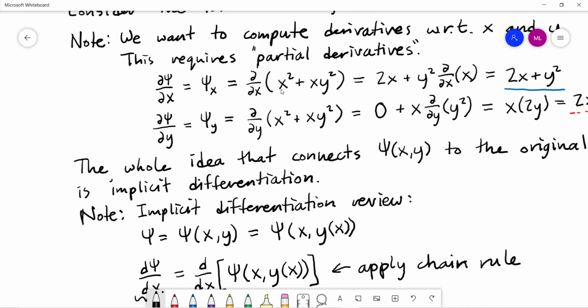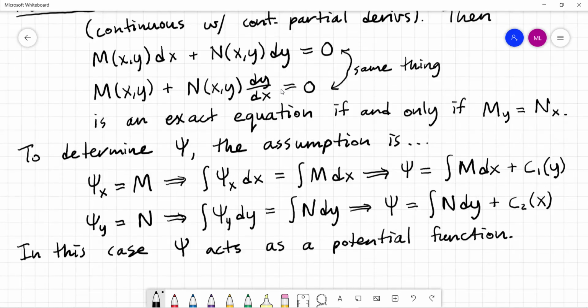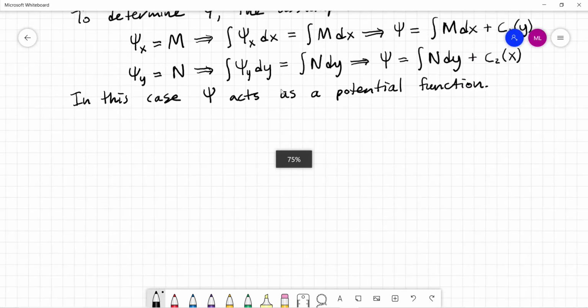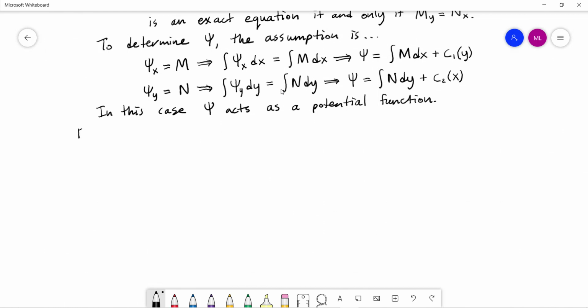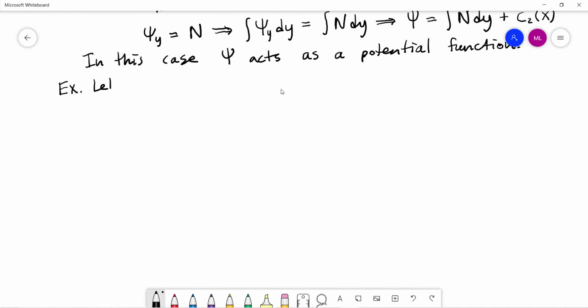So let's practice everything we just looked at in the context of an example. Let's just redo the one that we just did, and verify, in going through it, that everything works out the way that I'm claiming it should.